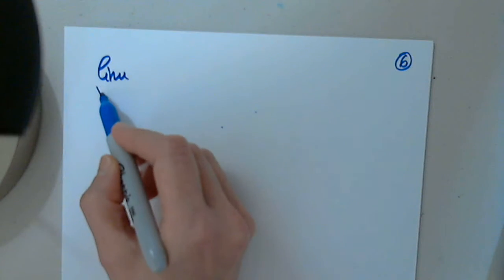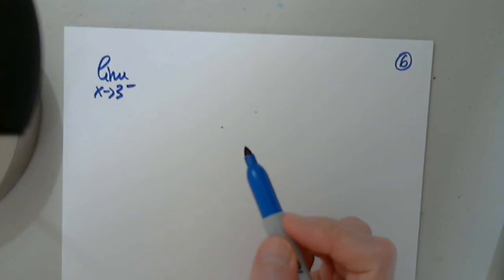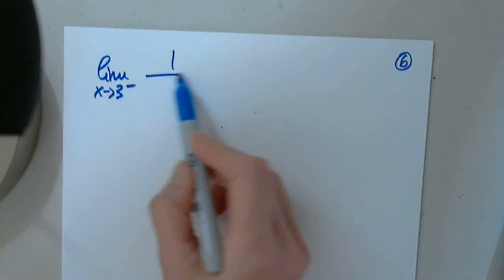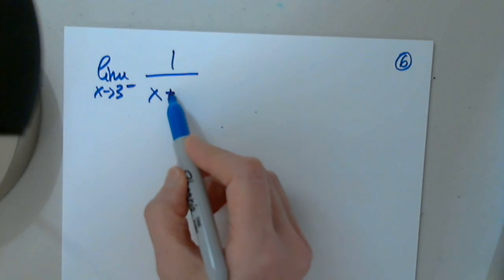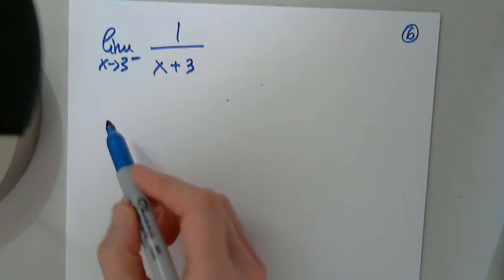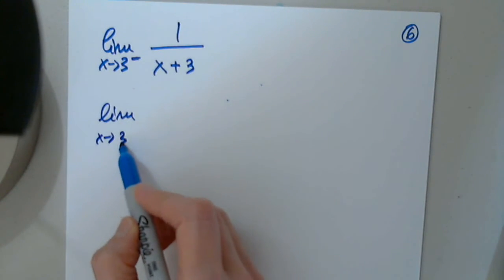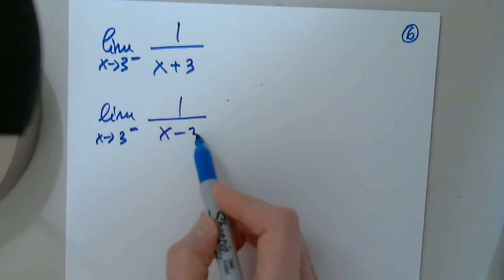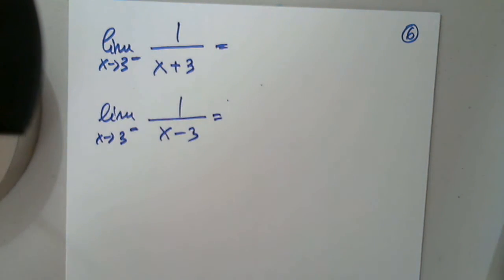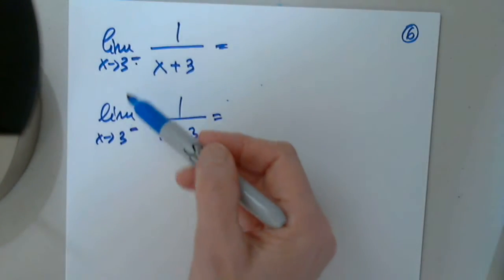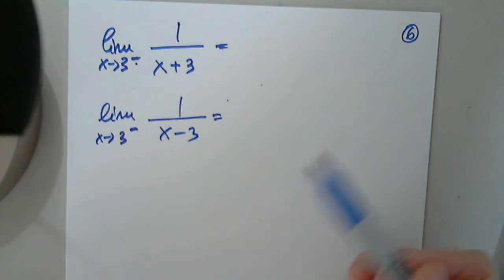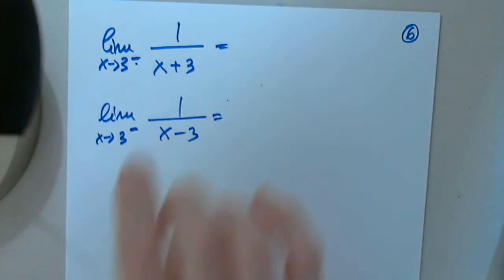Other questions? Other limits? Yes. Let me think about one more. So let's say limit as x approaches 3 from the left of 1 over x plus 3. And then limit as x approaches 3 from the left of 1 over x minus 3. So it's the same 3 from the left, but a different function. So what will you say here?